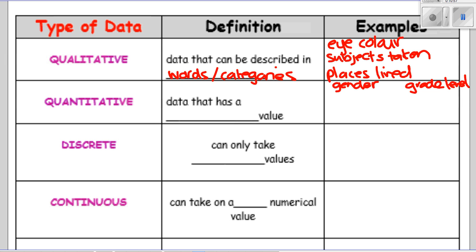But at the same time, I'm not going to go around saying I'm 16.2. Actually, in that case it would just be quantitative, but it would be discrete, as in whole numbers only. So I would say more quantitative.